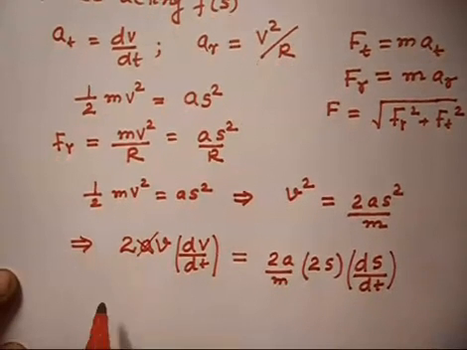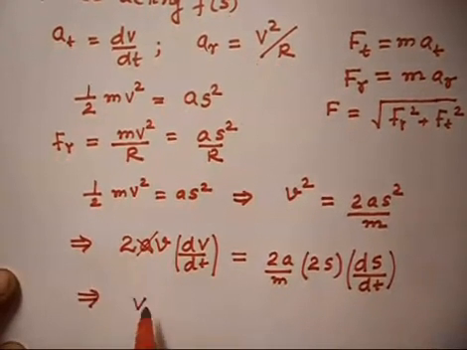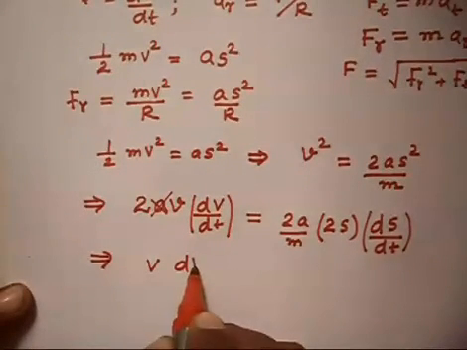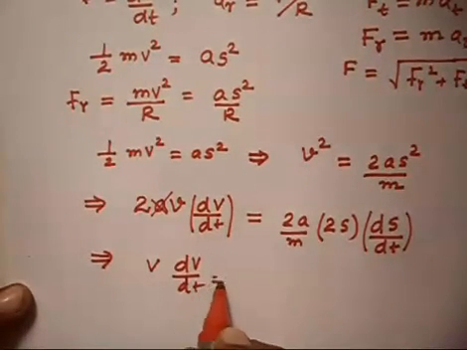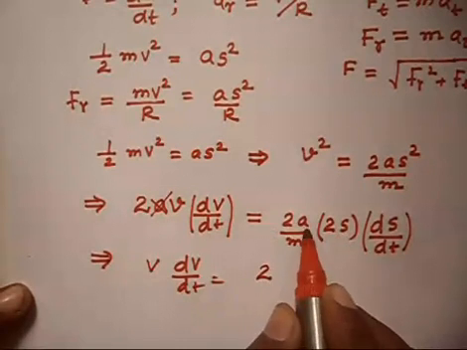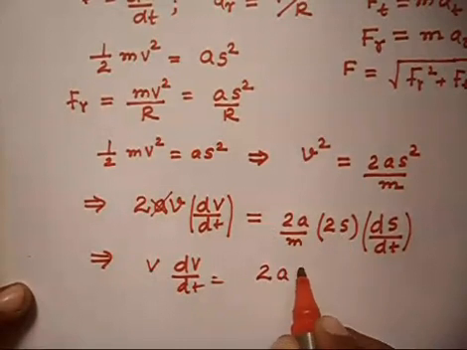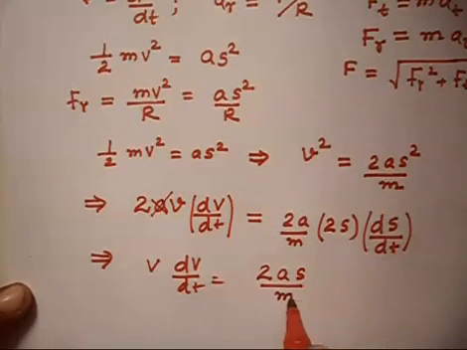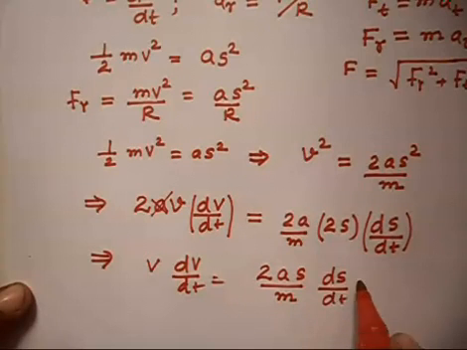Now if I eliminate the 2, we will have v dv by dt, and on the other side 4 over 2 cancels to 2, so I will have 2 a s by m ds by dt.